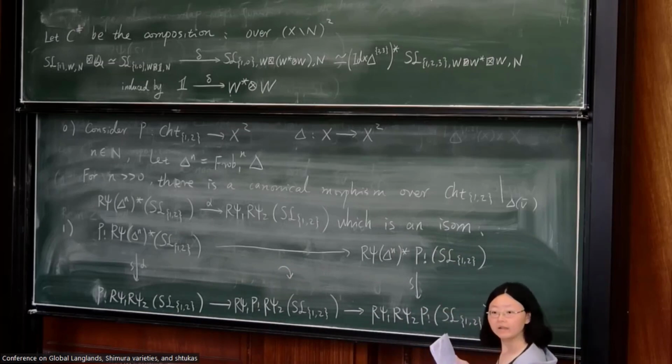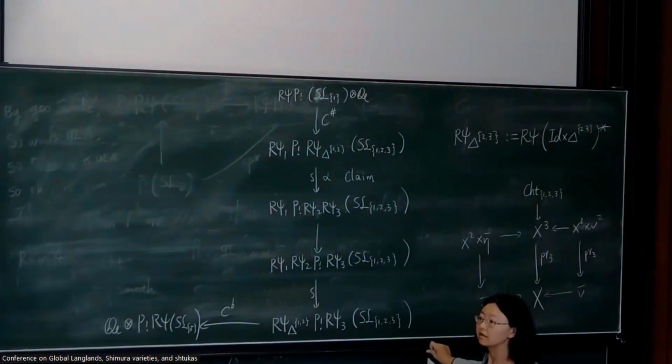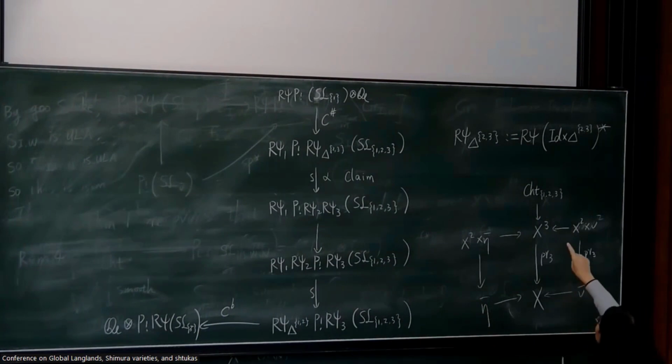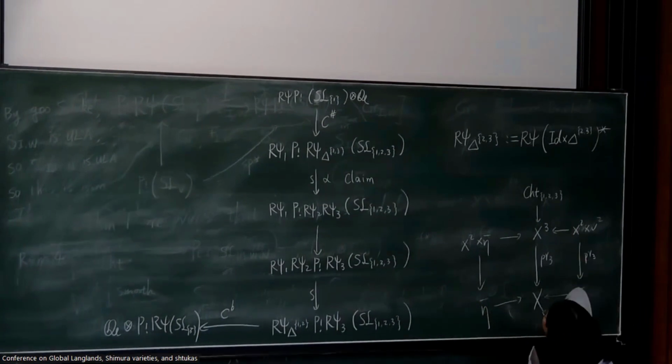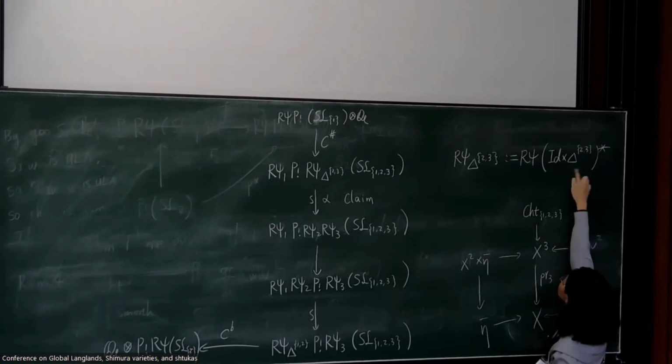I have a question. Yes. Because I cannot read very well on the right. Like you have the alpha, and you are taking here the identity times the other. Yes. And then nearby cycles. Yes. So this nearby cycle is for the second, for this copy.